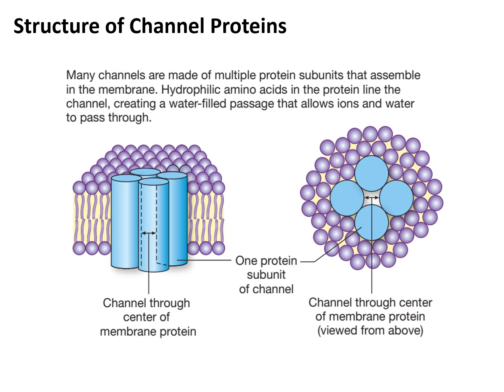Depending on the size, shape, and electrical charge of the amino acids, they could allow a specific ion to pass and not other ions. And this property of the channel proteins is called selectivity.